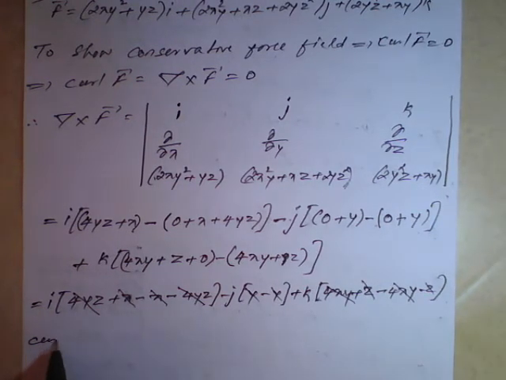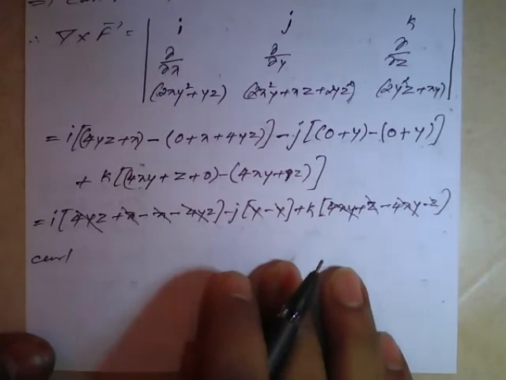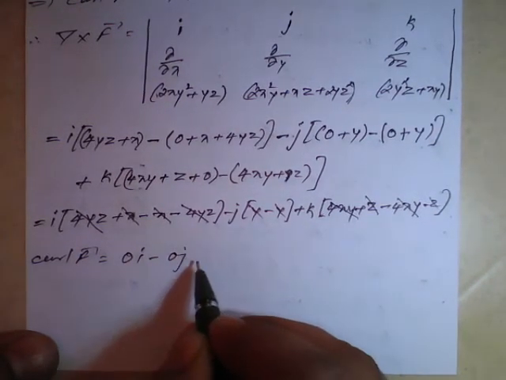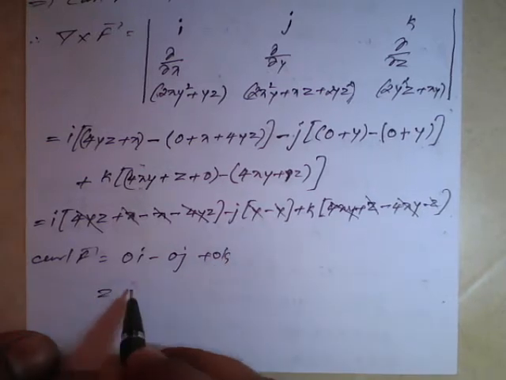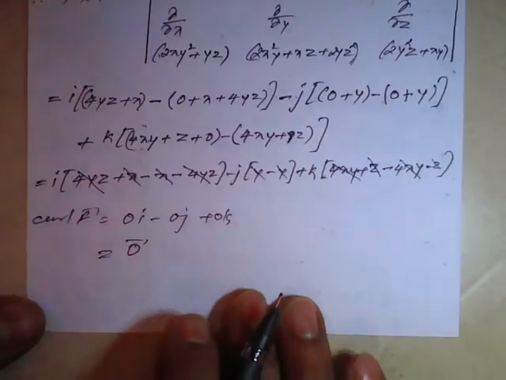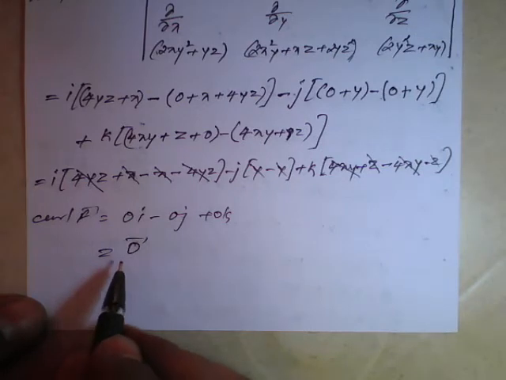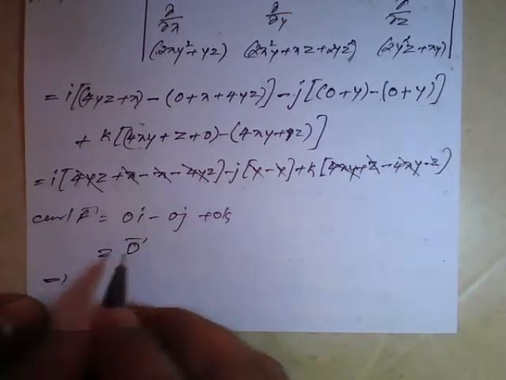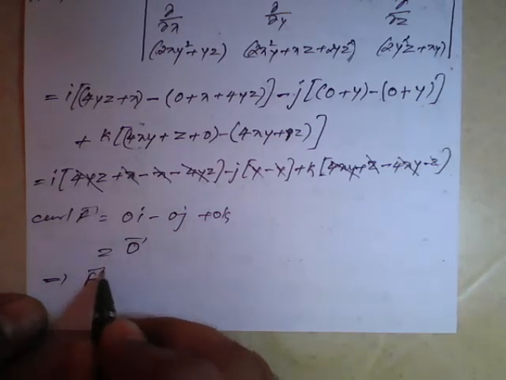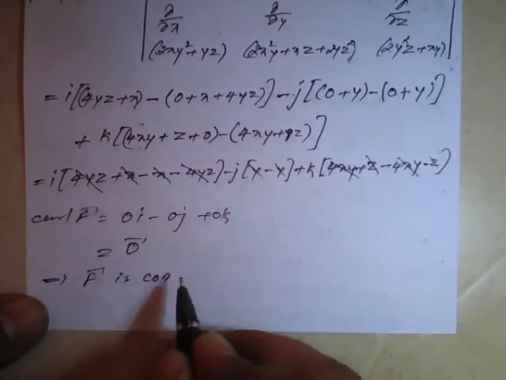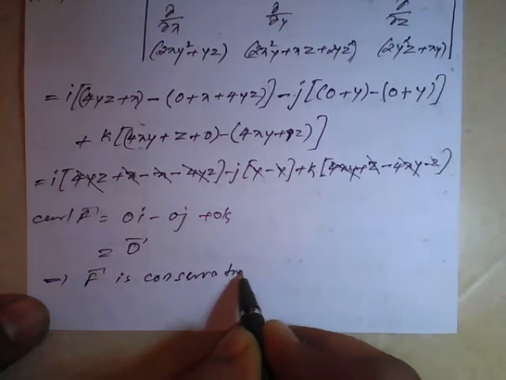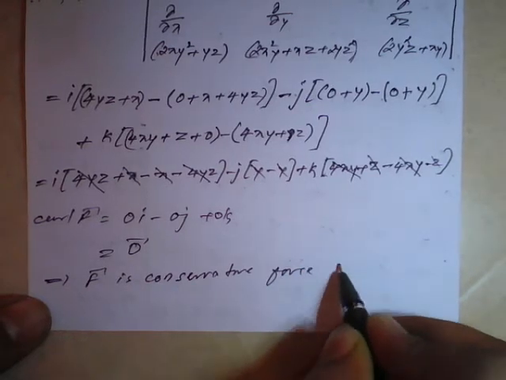Therefore curl of vector F is equal to 0i minus 0j plus 0k, which is nothing but the zero vector. Since we have shown that the value is 0, instead of saying irrotational, we'll use the same word they asked in the question, that is, vector F is a conservative force field.